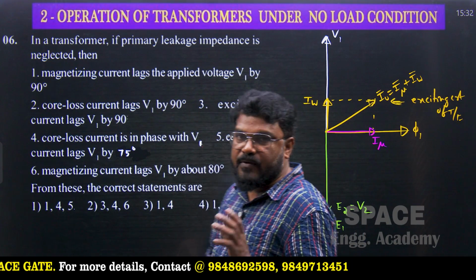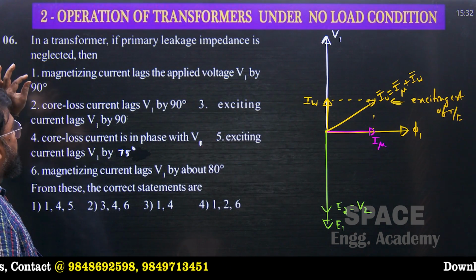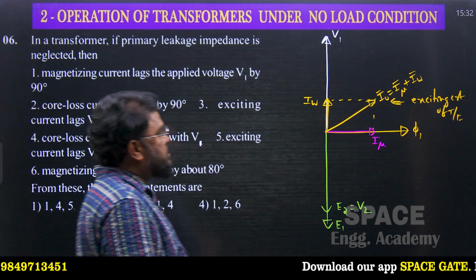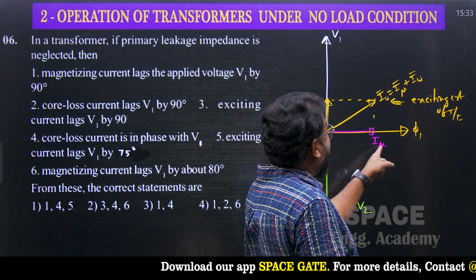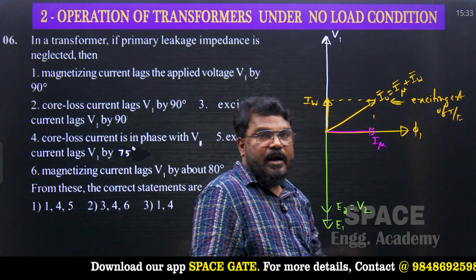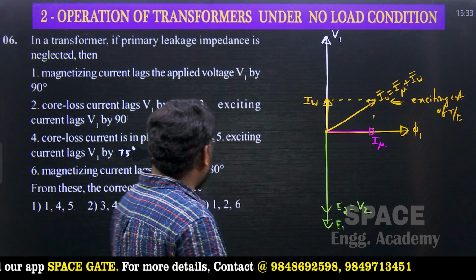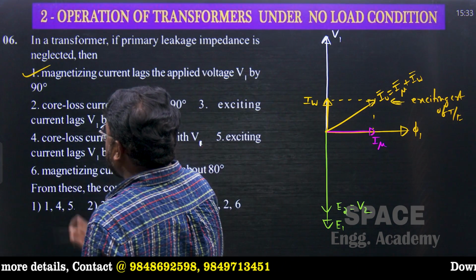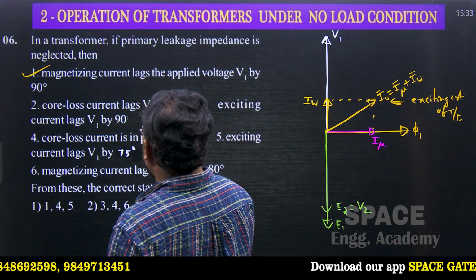Now let us verify the statements one by one, whether each is correct or not. First one: magnetizing current lags the applied voltage by 90 degrees. Magnetizing current is here, and this is the applied voltage. Magnetizing current lags the applied voltage by 90 degrees, so this statement is correct. Next, the second statement: core loss current lags V1 by 90 degrees.